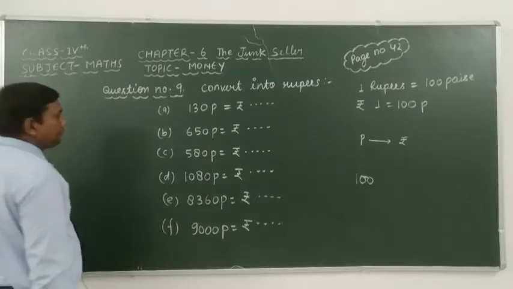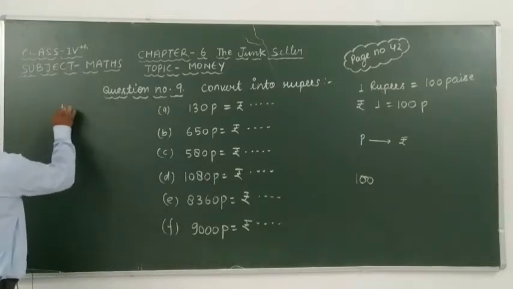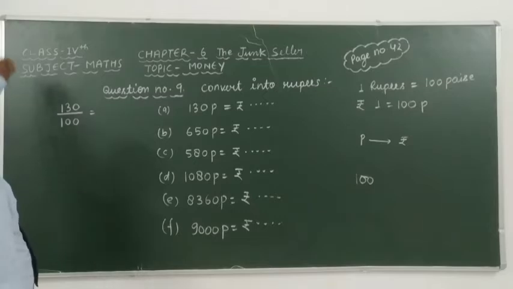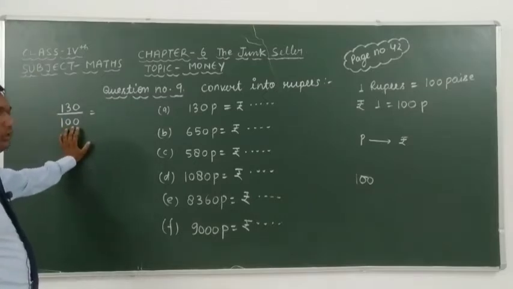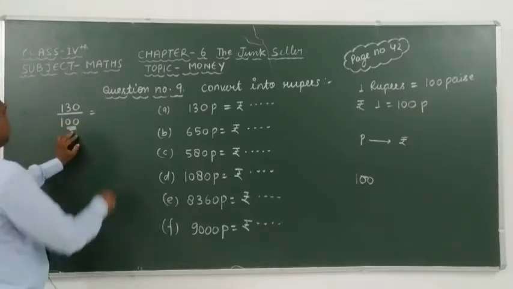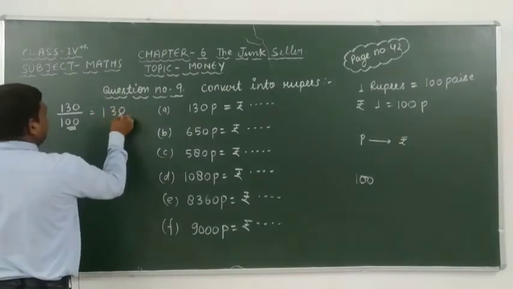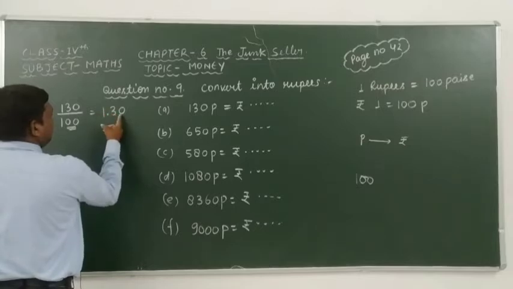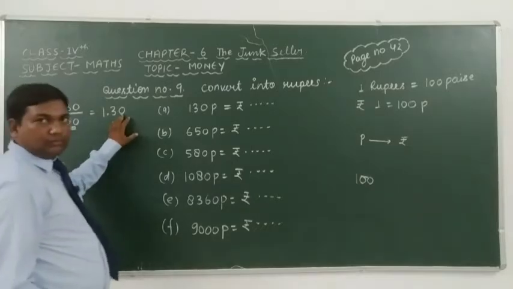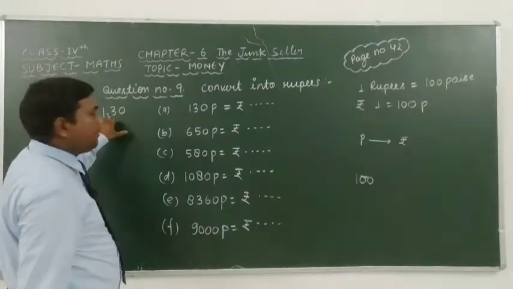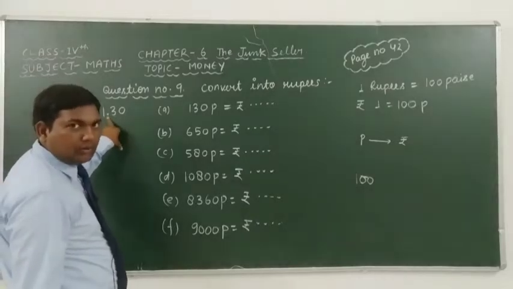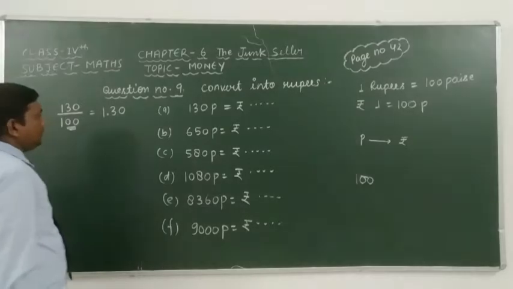Look here carefully. If we divide 130 by 100, then we get 130, therefore we have to put the decimal point before the 2-digit place, counting from the unit place.